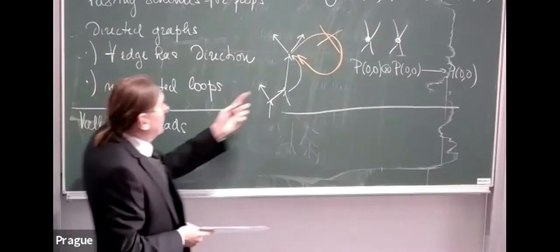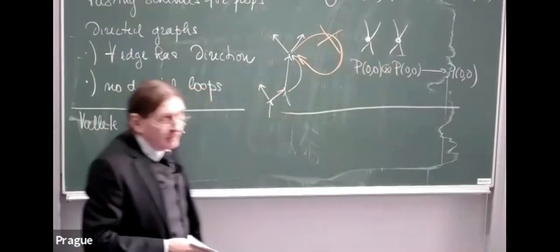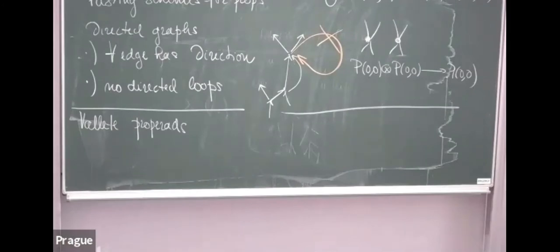Therefore, these pathological things are excluded. I admit that all examples from nature which I know, which are over props, are in fact over properads. I can cook up a very artificial example of structures which exist over props, not over properads, but you would probably never want to meet them.